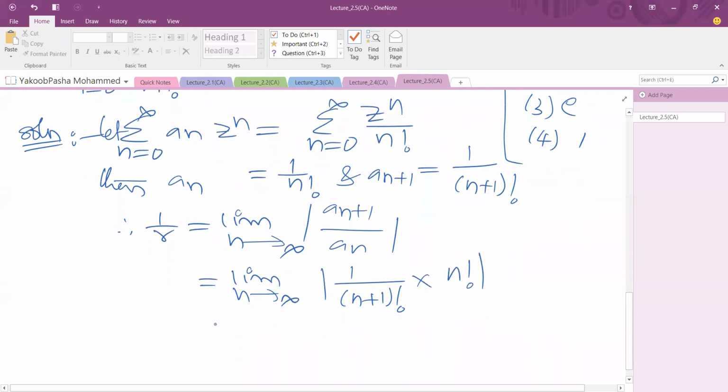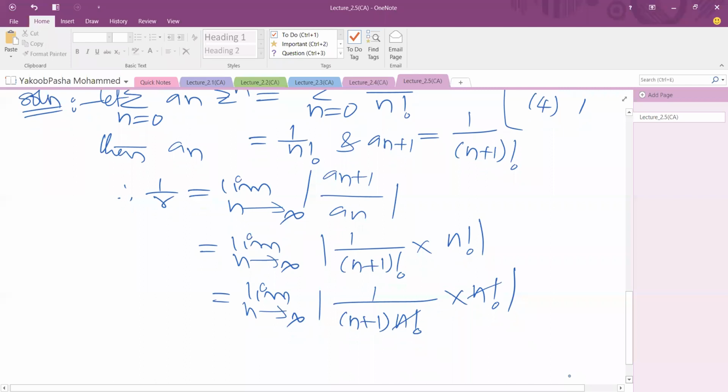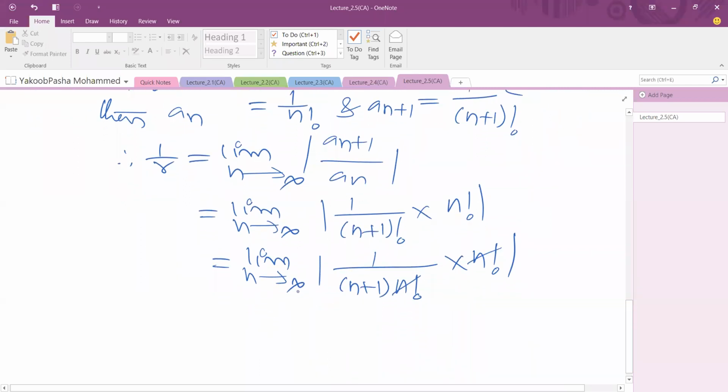This can be written as n plus 1 into n factorial, so here n factorial is cancelled, leaving 1 by n plus 1.